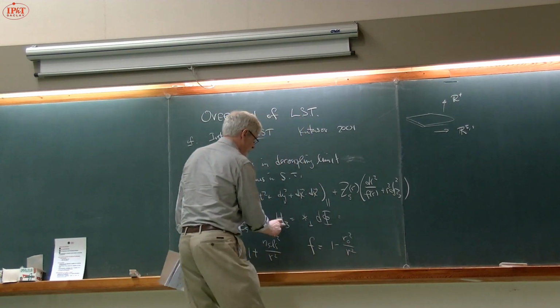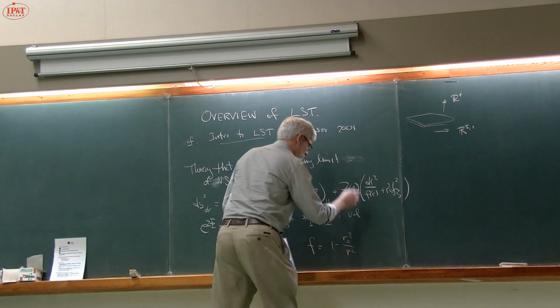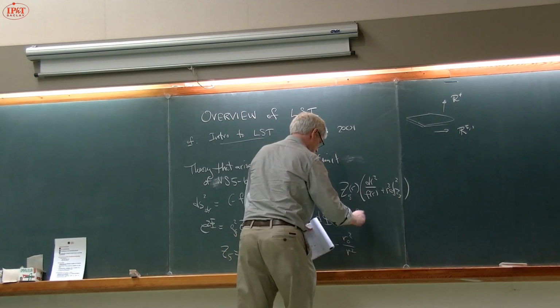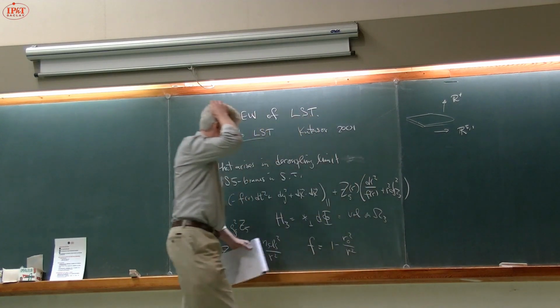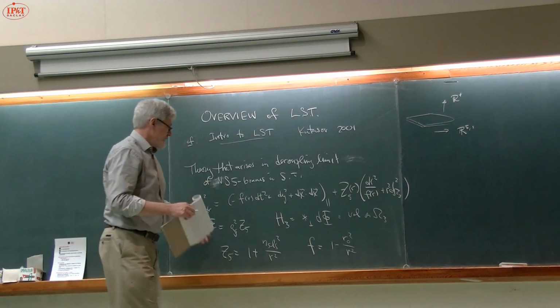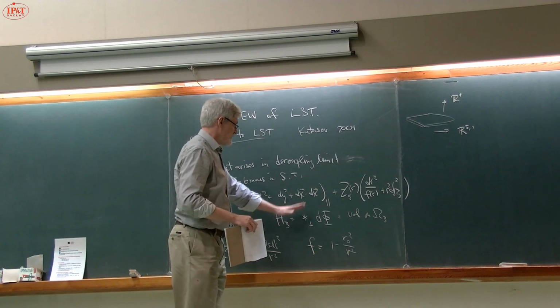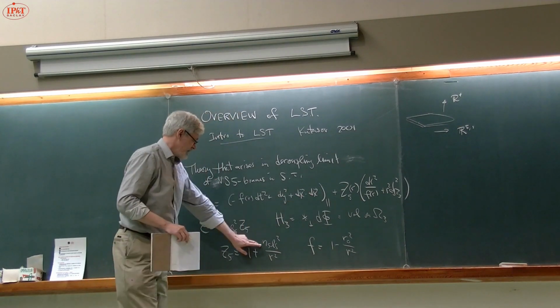So the 3-form flux is just the volume form on the transverse angular 3-sphere. If you integrate the flux over the angular 3-sphere, you measure the number of 5-branes, N5.